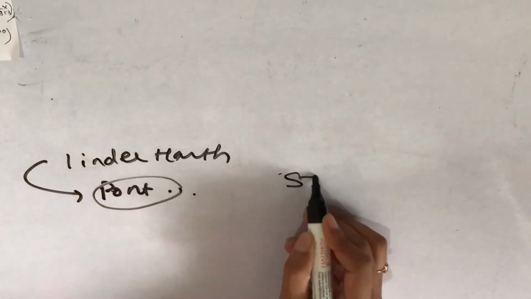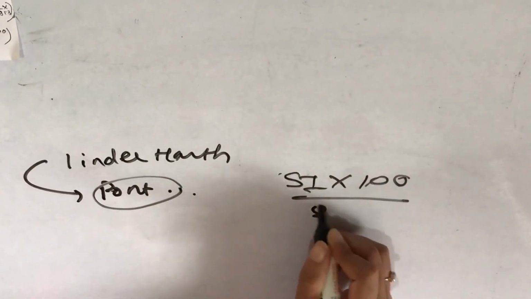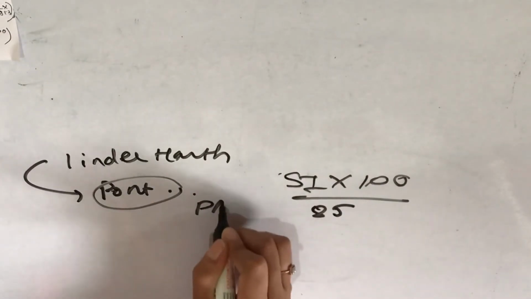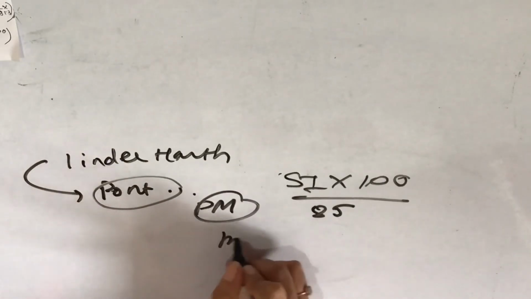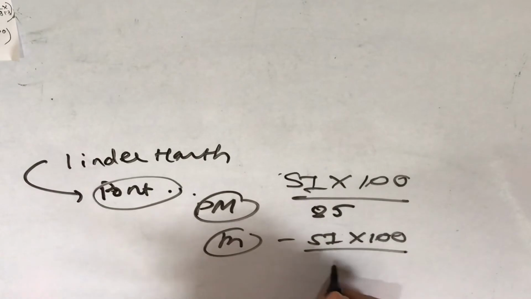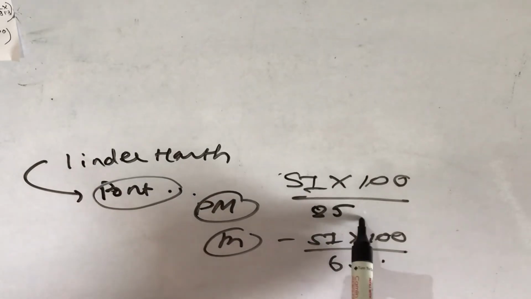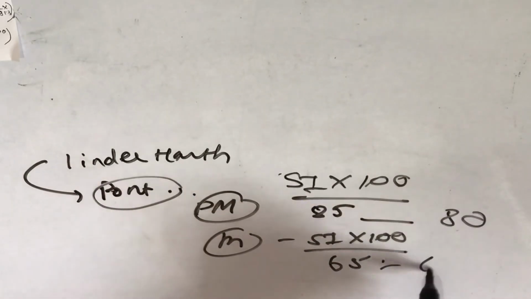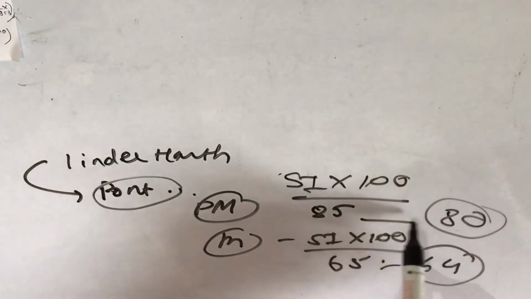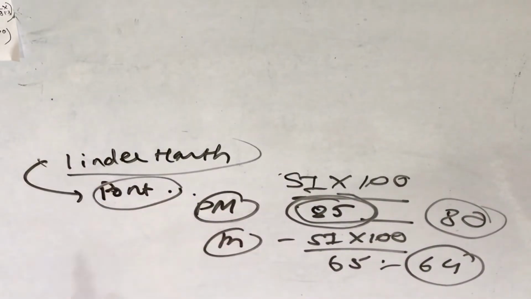It is sum of incisors into 100 upon 85 for the premolar, and for molar, sum of incisors into 100 upon 65. We have seen in the Bolton's analysis it was 80 for premolar and 64 for molar. So just this value is changed in Linder-Harth, the rest is the same.